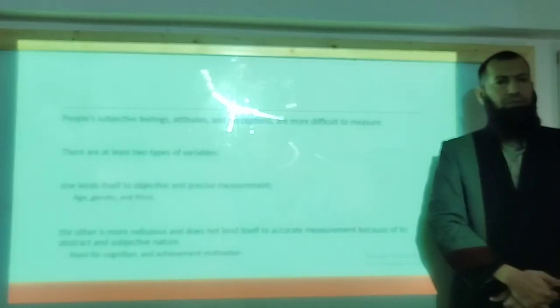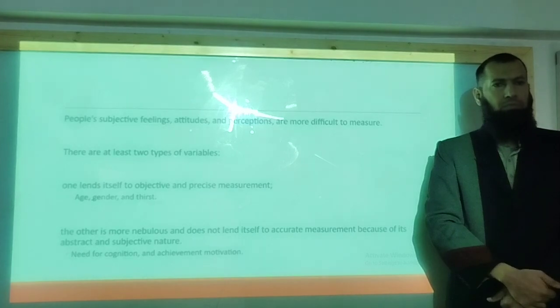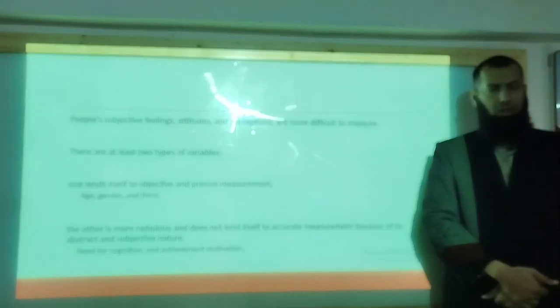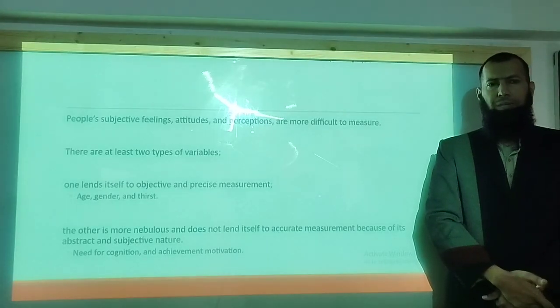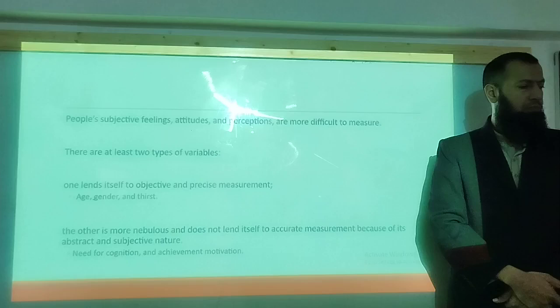Is there any question? So need for cognition and achievement will fall under subjective as well? Yes. Organization performance, employee performance, employee satisfaction, any characteristic. Most of the characteristics are basically subjective. Next.